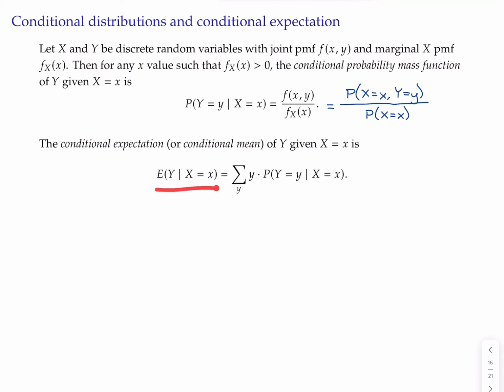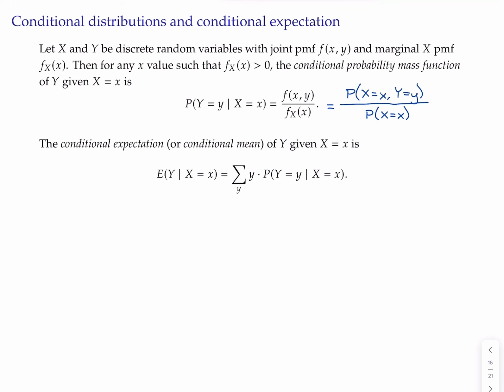How do we find expected values for a discrete random variable? Well, we take a sum of the values of that variable that are possible, weighted by the probabilities. The only difference with a conditional expectation compared to what you know about just the overall expected value of y is that the probabilities are conditional probabilities instead of unconditional probabilities.